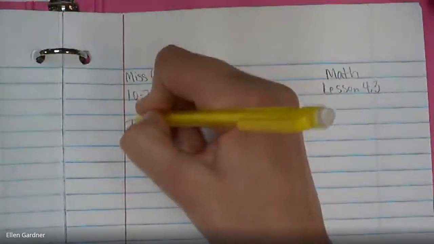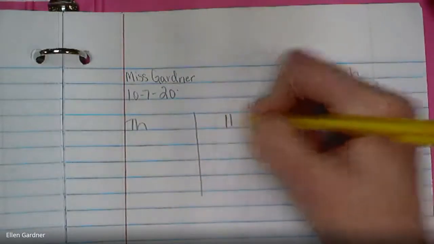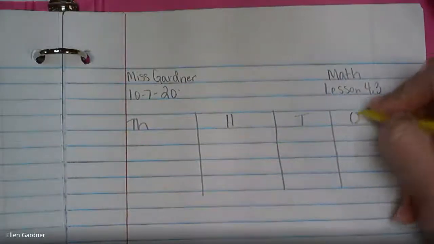We are going to begin this lesson, just as we've been doing recently, with a place value chart up to the thousands place. Just write the abbreviation for thousands, TH, hundreds, tens, and ones.